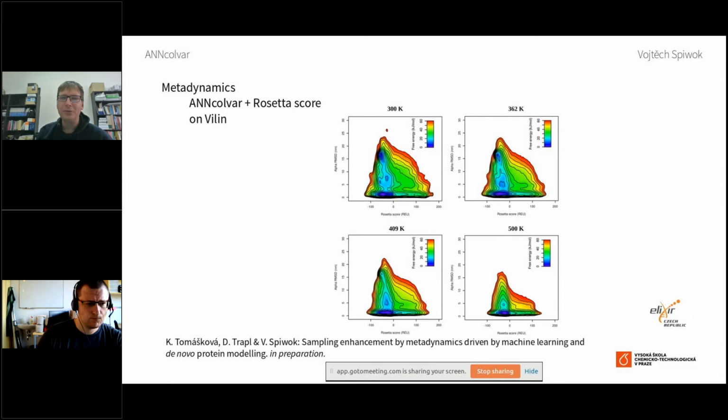And again, we were able to accelerate significantly the folding of this mini protein and accurately predict its free energy surface, like that the folded state, which is again some higher value on the horizontal axis, is dominant at low temperatures and becomes less favored at higher temperatures.